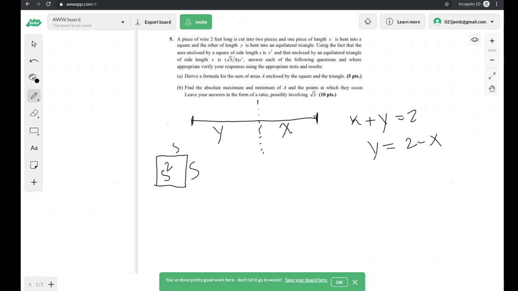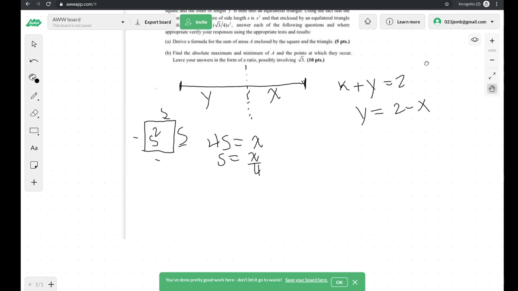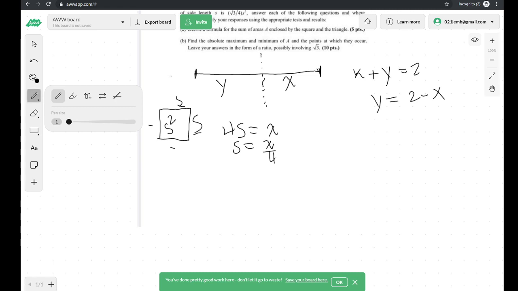Since we have 4 different sides, 4s equals x, and so s equals x over 4. If we want the area in terms of x, the area of the square equals s squared, which equals x squared over 16.